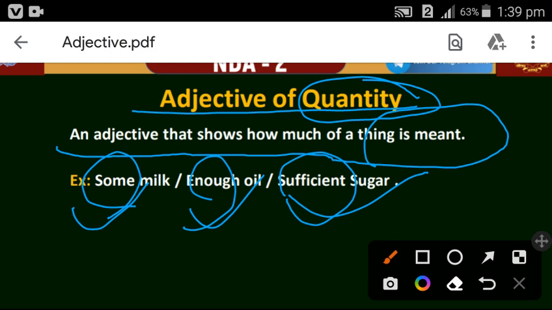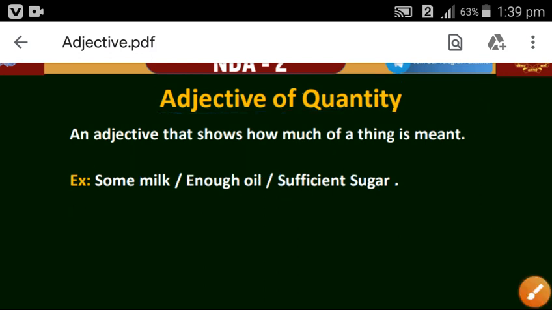Adjective of quantity, because they all show the quantity of anything and are also written before a noun which is not countable. Okay, right? Go ahead.